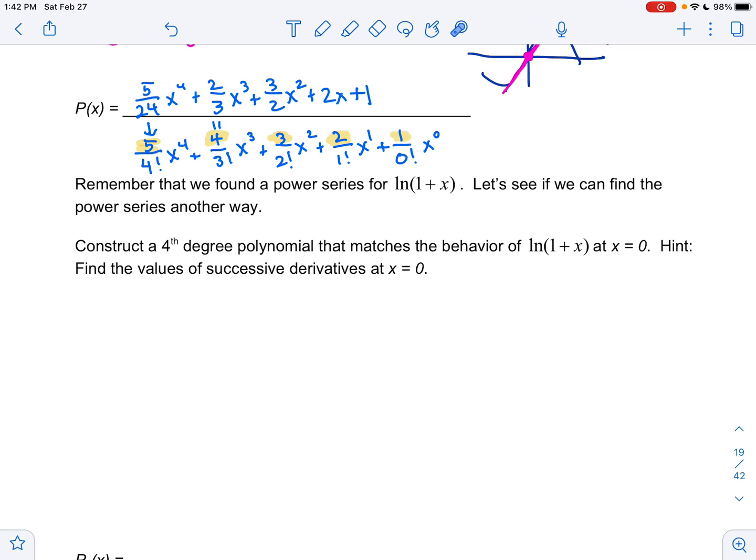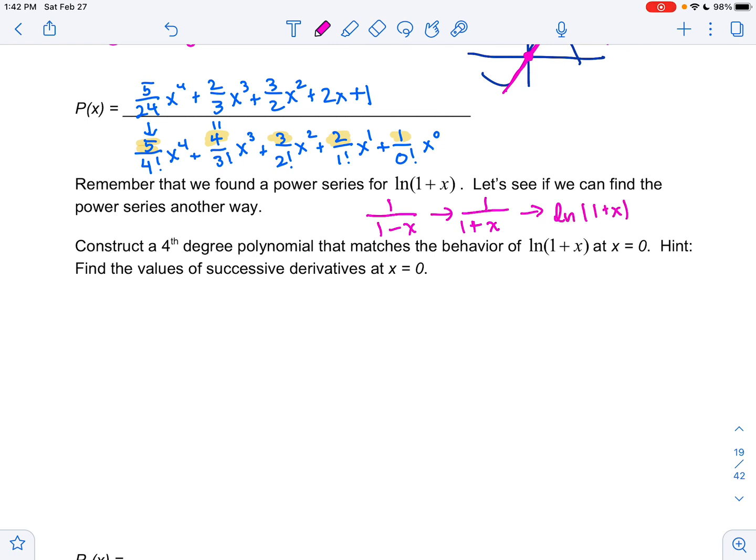So as a reminder, when we looked at ln of 1 plus x, that function before, we actually came up with what the series approximation was for that using a template series. We had our series expansion for 1 over 1 minus x. We then changed that to 1 over 1 plus x by changing the input to negative x, and then went on to integrate that to get ln of 1 plus x.